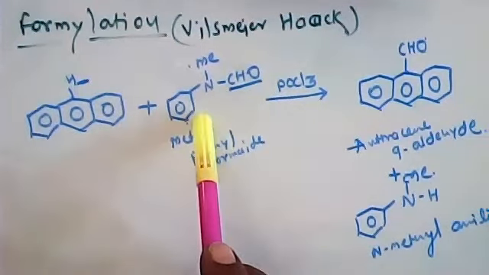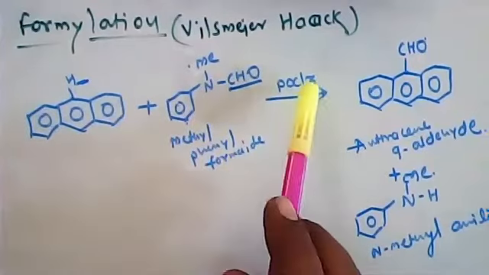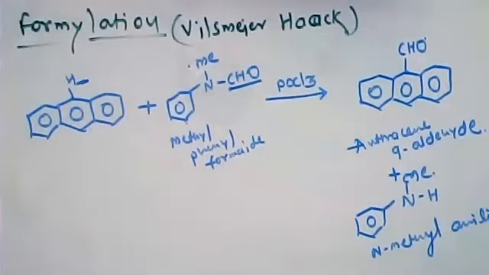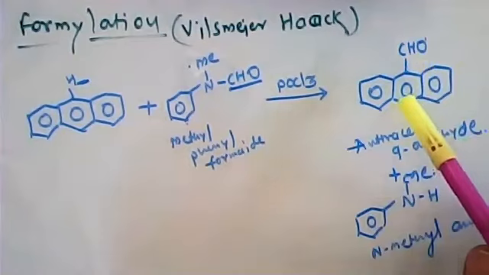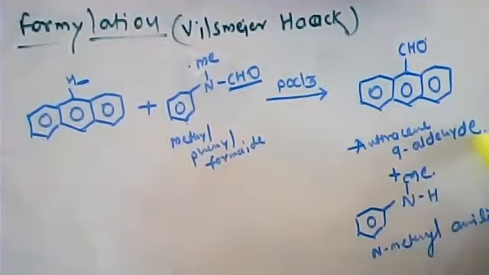This combination of reagents, methyl phenyl formamide plus POCl3, is called the Vilsmeier-Haack reagent, and it undergoes the formylation reaction at position 9. So the product you get is anthracene 9 aldehyde, along with a byproduct, N-methylaniline. Okay, this is a simple reaction.